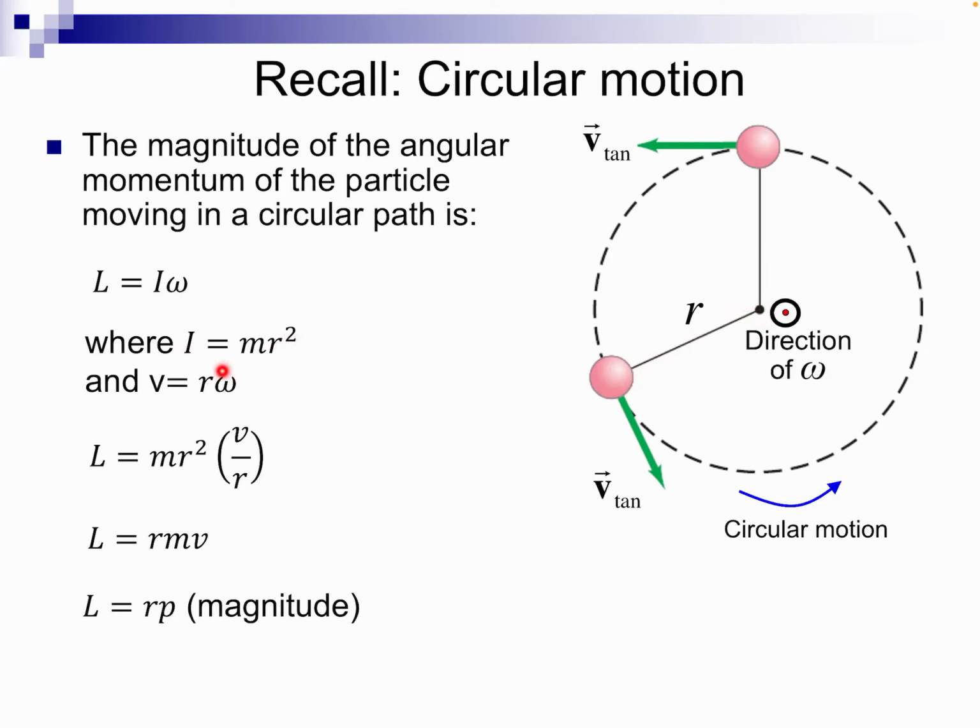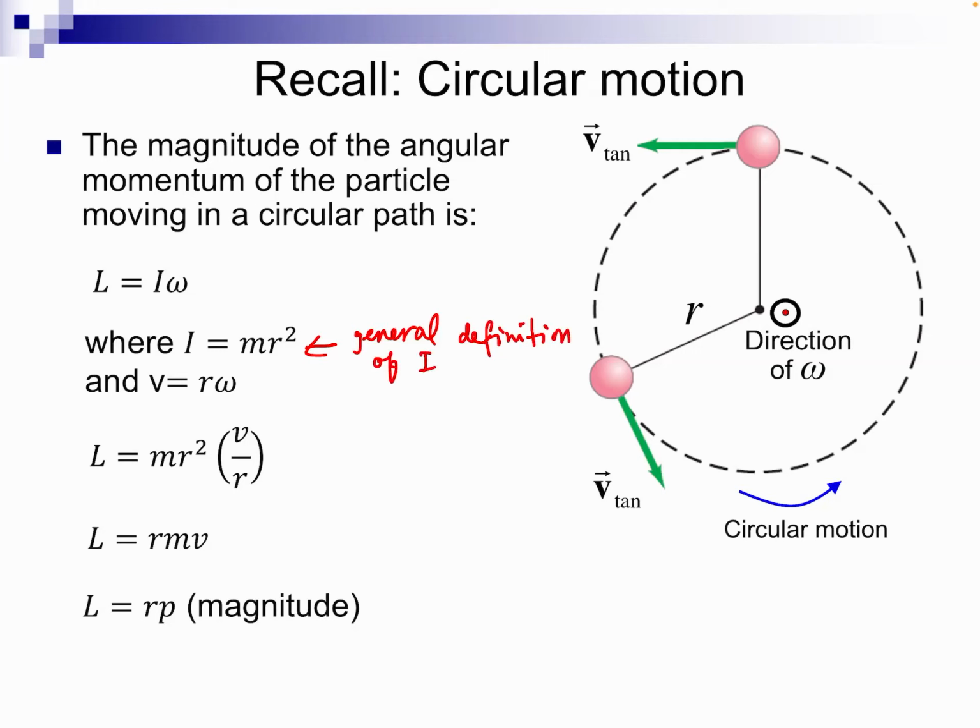This is the general definition of moment of inertia, I: mass times distance from the rotational axis squared.